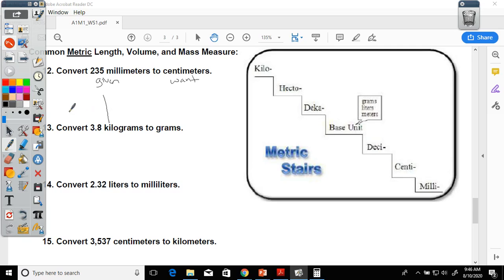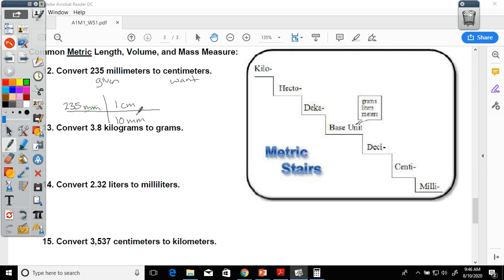So once again, we'll set up our picket fence. 235 millimeters has been given. All right, they want us to convert it over to centimeters. So this is what we want, centimeters. Well, how many millimeters make up a centimeter? Well, remember, all these are a power of 10. So it's going to be 10 millimeters.